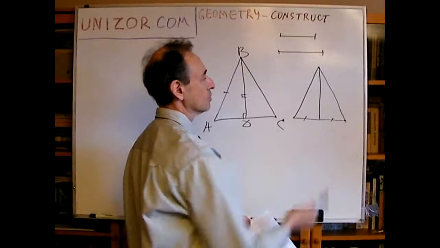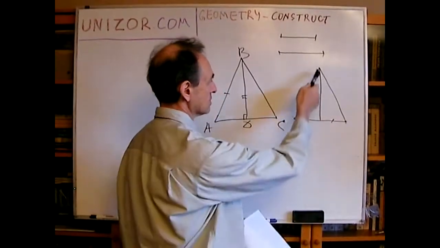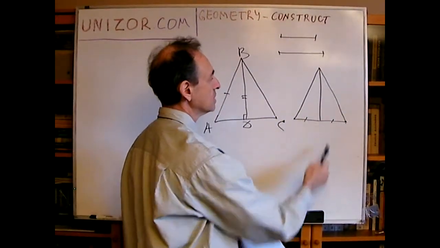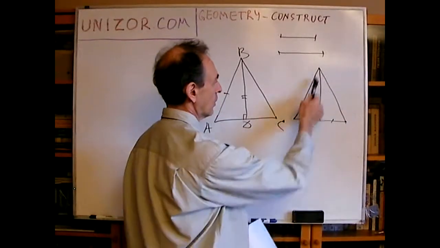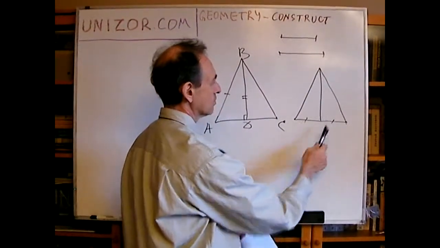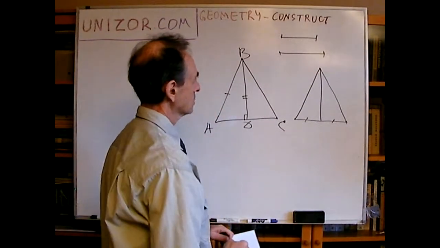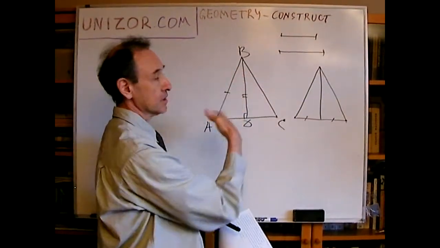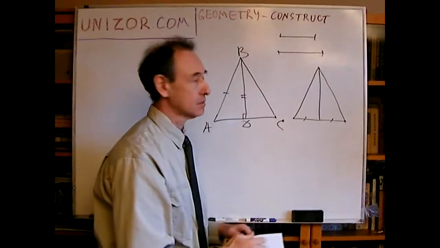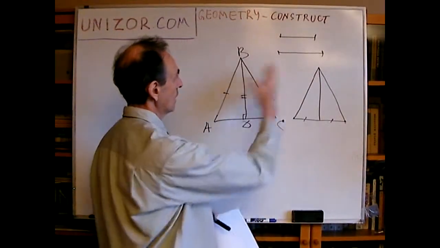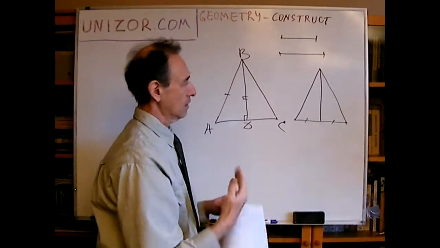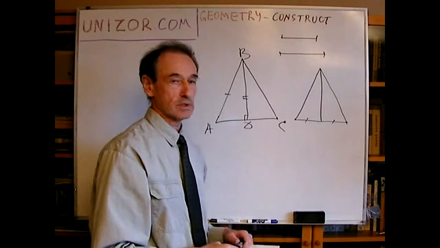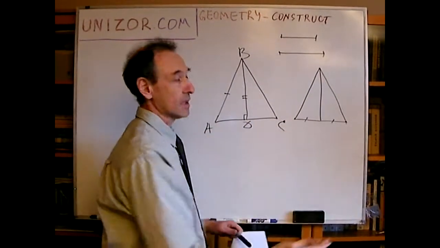Now why can I do it? Well, because the altitude is also a median, so it breaks the whole base into two halves. So I'm analyzing the problem first by drawing the picture of the ready-to-use triangle and see what elements actually constitute this particular triangle, and I know which elements I can construct.